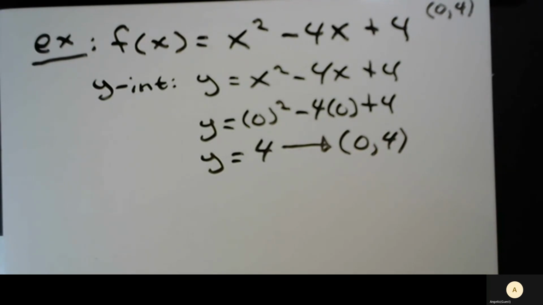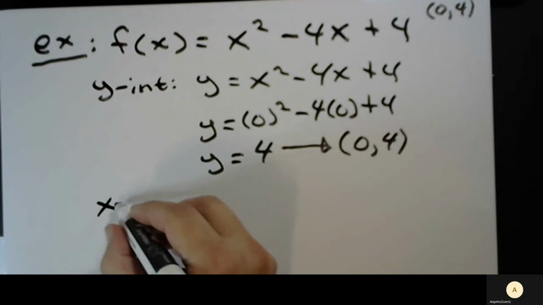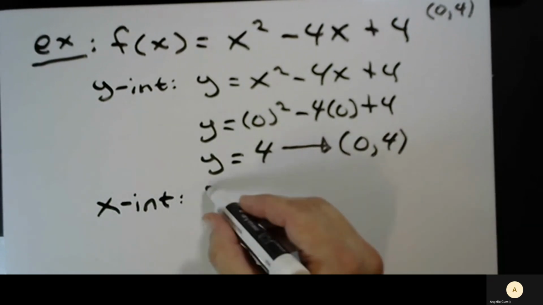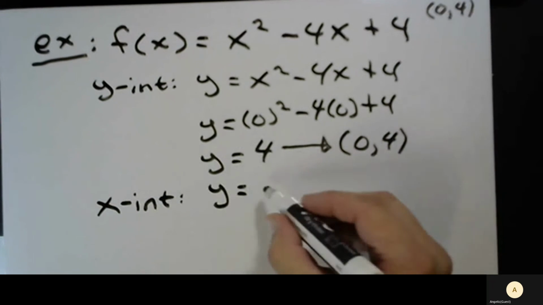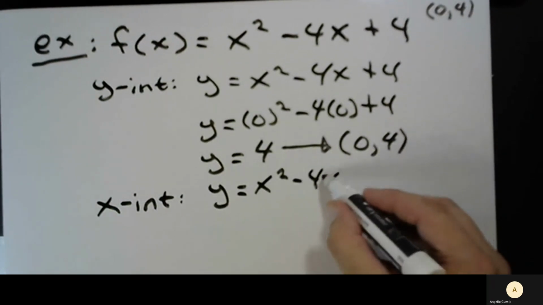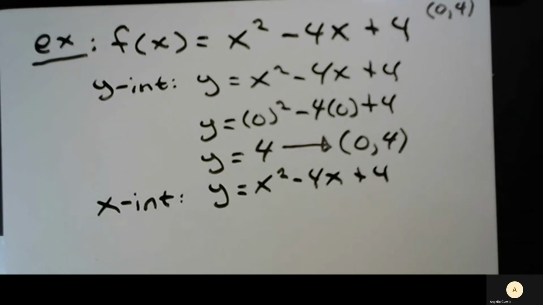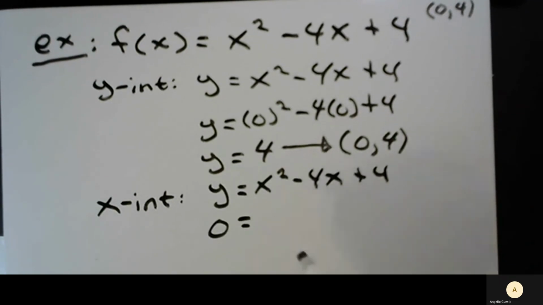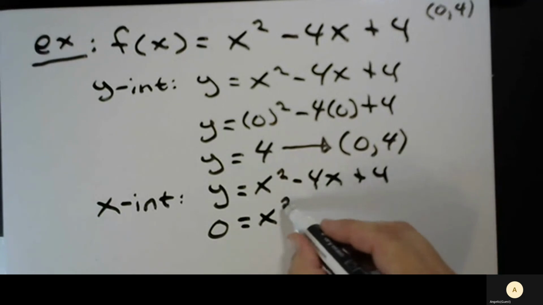Now, let's look for the x-intercept. In this case, we let y equal 0 and we solve for x.